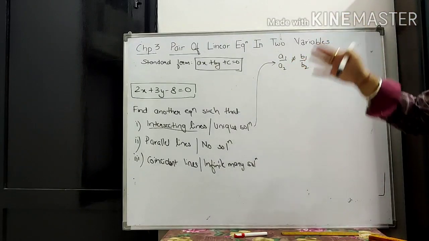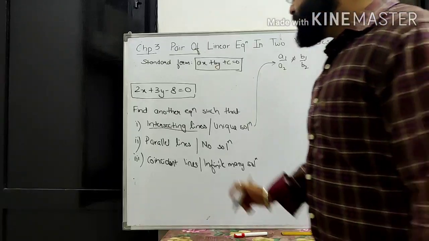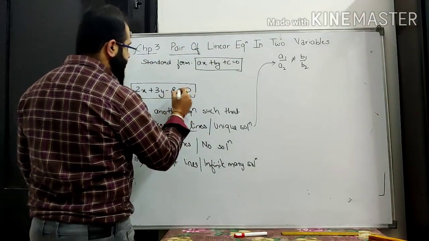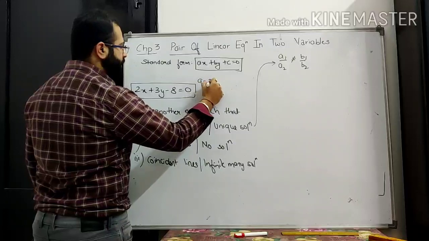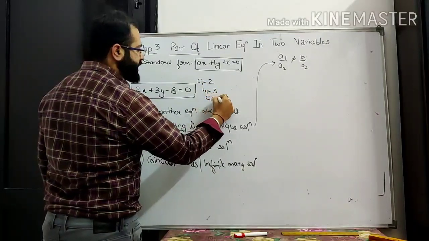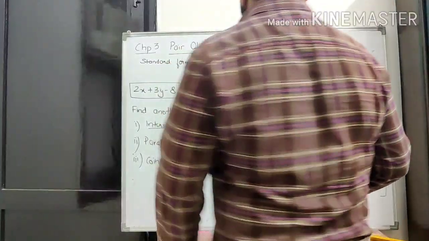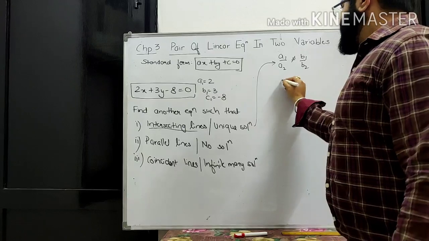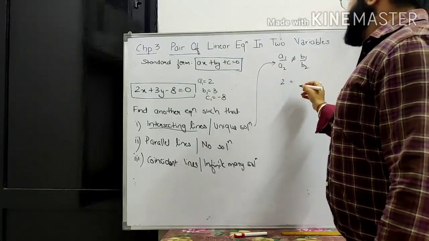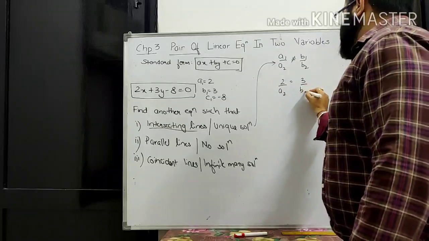The ratio of the coefficients of x should not be equal to the ratio of the coefficients of y. So in this equation we have a1 as 2, b1 as 3, and c1 as minus 8. Okay, so here we have a1 as 2 and b1 as 3, and we need to find the values for a2 and b2.